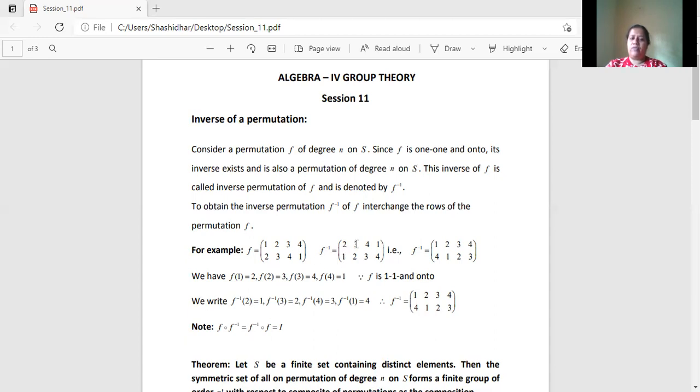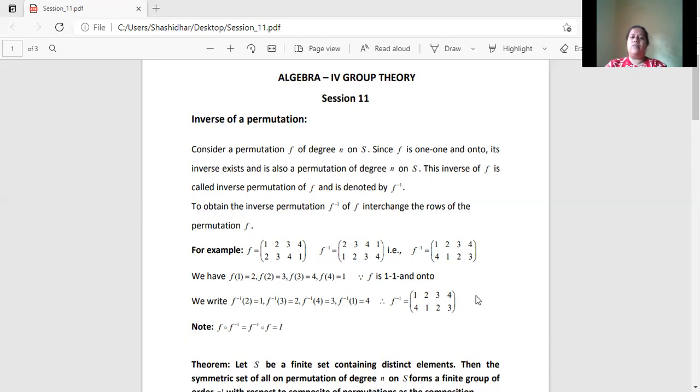Then f inverse of 3 is 2. f inverse of 4 is 3 and f inverse of 1 is 4. For each element we have written its image in f inverse. Hence, we can write the f inverse permutation as 1, 2, 3, 4 and their images.